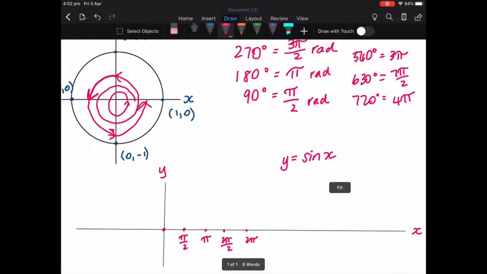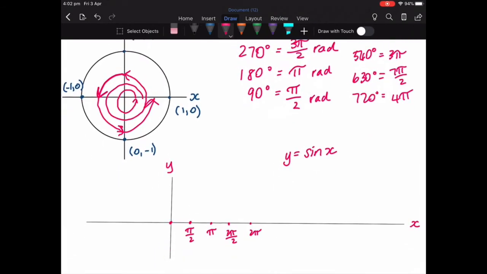Add another 90 degrees, we get 5 pi over 2, and then another 90 degrees gets us to 3 pi. Another 90 degrees gets us to 7 pi over 2, and 720 degrees, which is 2 full rotations, is 4 pi.